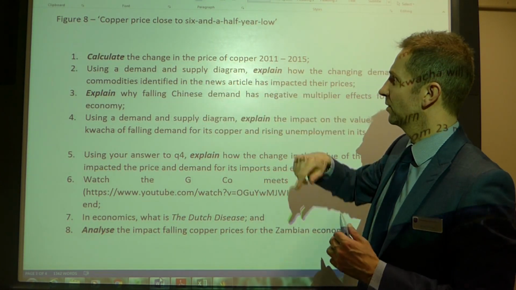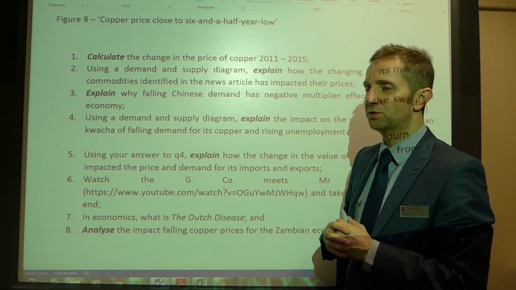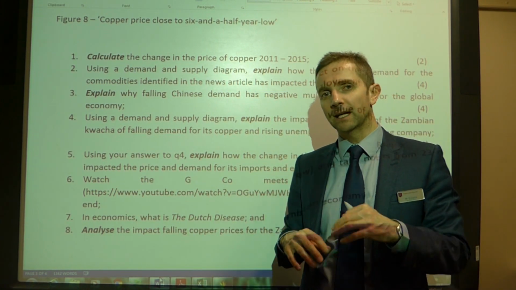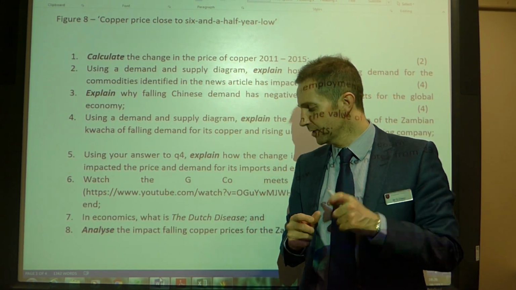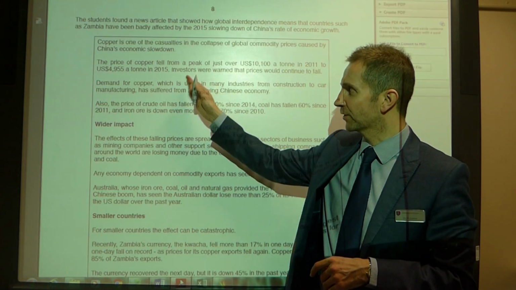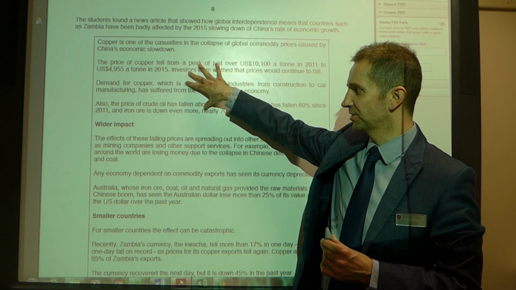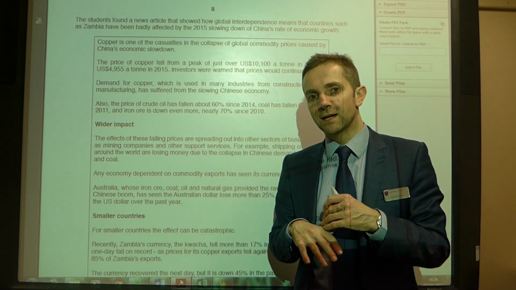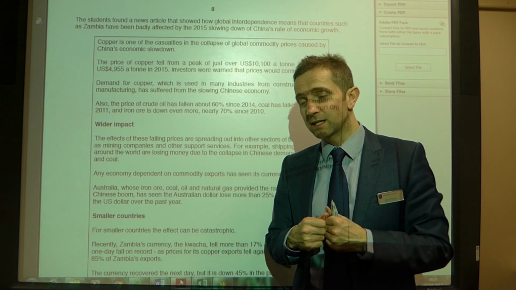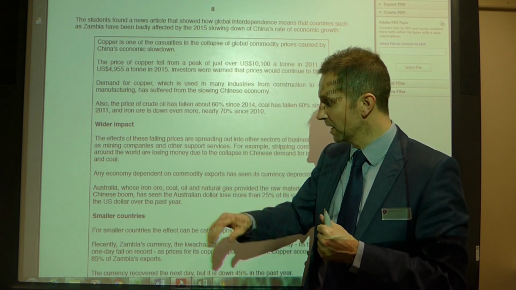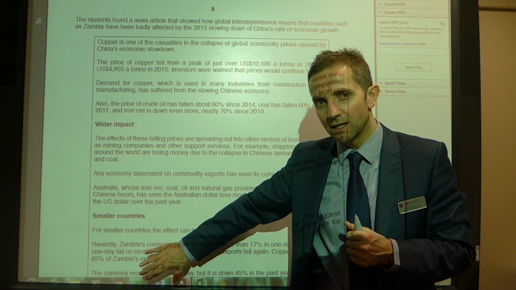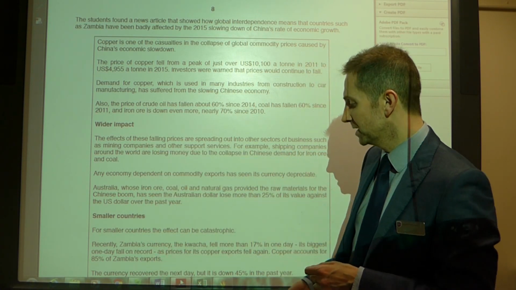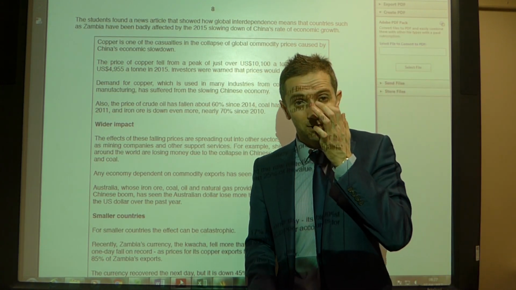Calculate the change in the price of copper from 2011 to 2015, and then the remaining questions primarily consider number 1, the decline in the demand for copper, which is discussed in this little section, and then secondly the decline in the economic activity and economic growth in the Chinese economy, which is featured in the bottom sort of 3/4 of this particular figure. So without further ado, ladies and gentlemen, let's crack on with a little bit of analysis here.